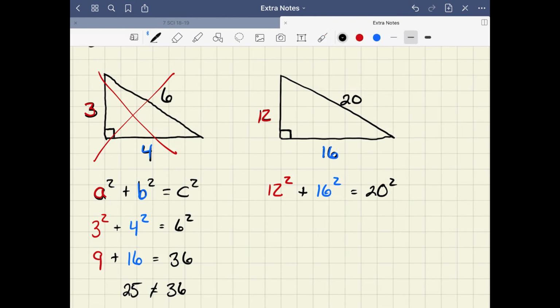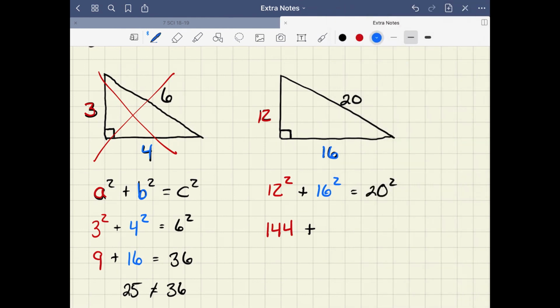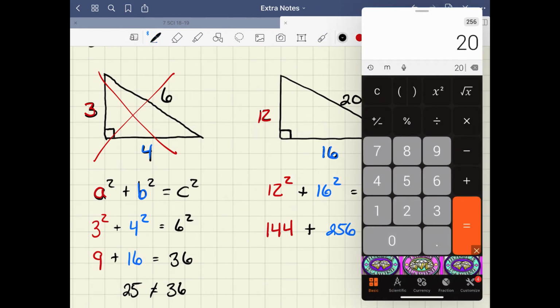We're going to go ahead and continue with this. 12 times 12 is 144 plus 16 times 16, 256, equals 20 times 20. You should know this one. It equals 400.